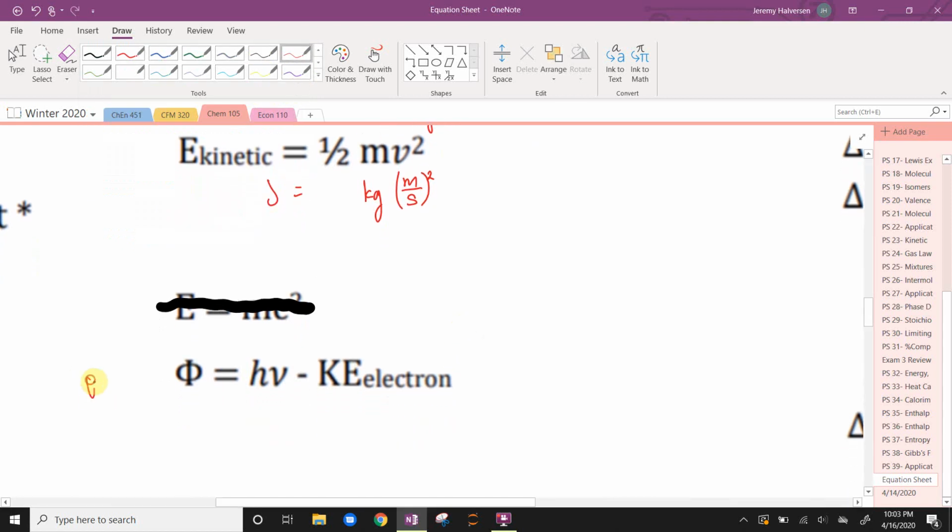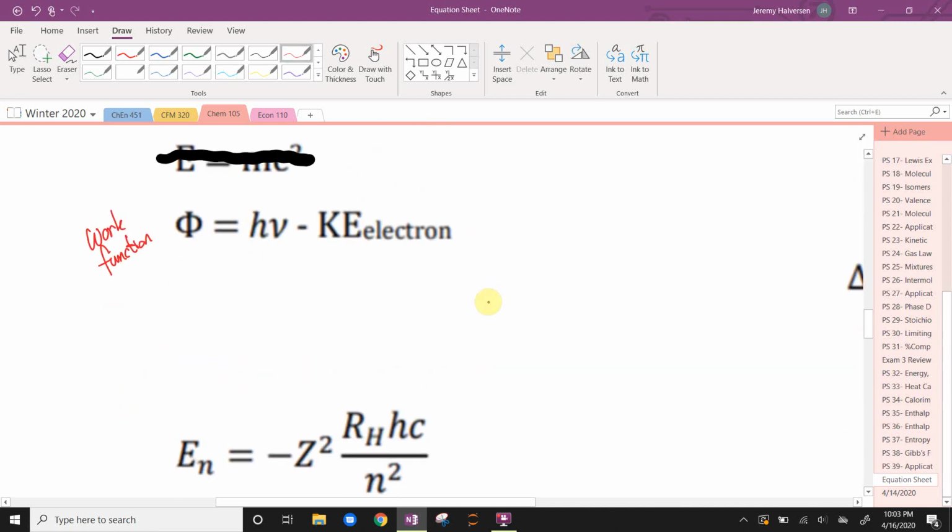This is work function. If you remember, work function has to do with having a piece of metal, shining a photon on that metal, and kicking off an electron. So we have the energies of three different things.